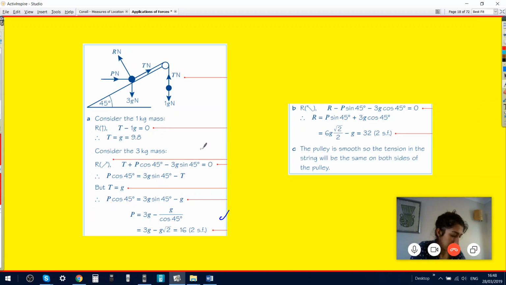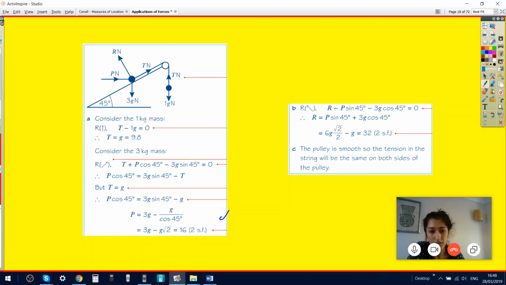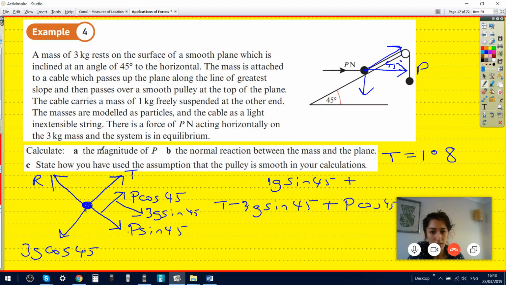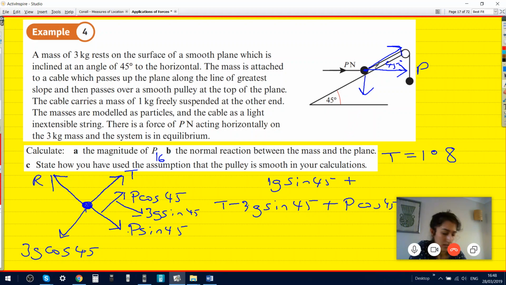And the perpendicular, what's the actual question? Find P, was it? The magnitude of P. The normal reaction between the mass. So that's just the perpendicular. So perpendicular we have R minus 3g cos 45 minus P sin 45 equals 0.